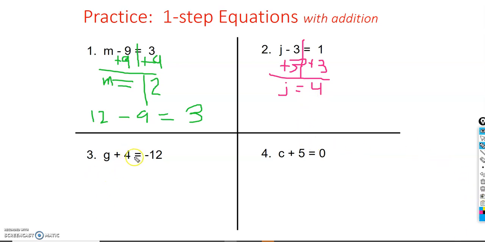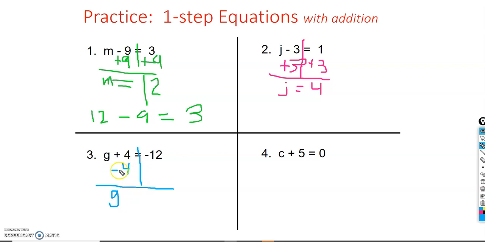Okay, let's try this one. Pause the video and see if you can do it on your own. So our steps are, draw our wall. Isolate the variable using the inverse operation. Opposite day for math, the inverse of adding 4 is subtracting 4. Again, I'm doing this to get my g all by itself. These two eliminate one another, leaving the g alone. I need to make sure that my equation is balanced.